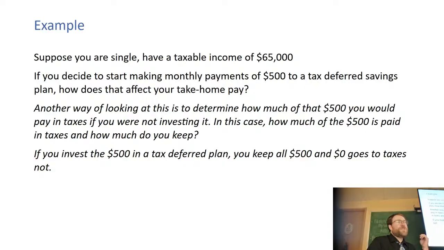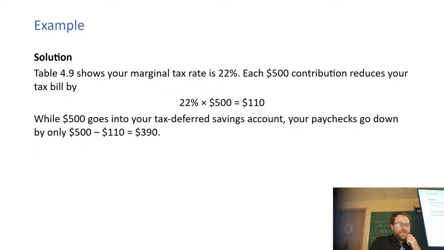So if that money wasn't going in there, you'd have to pay 22% tax on it. So 22% of 500 would be $110.